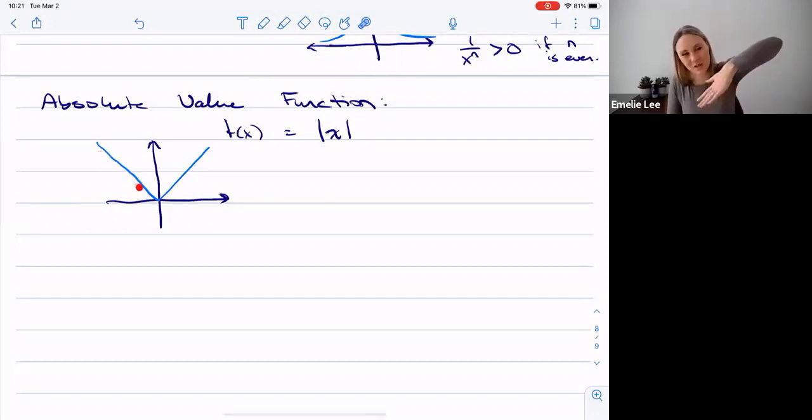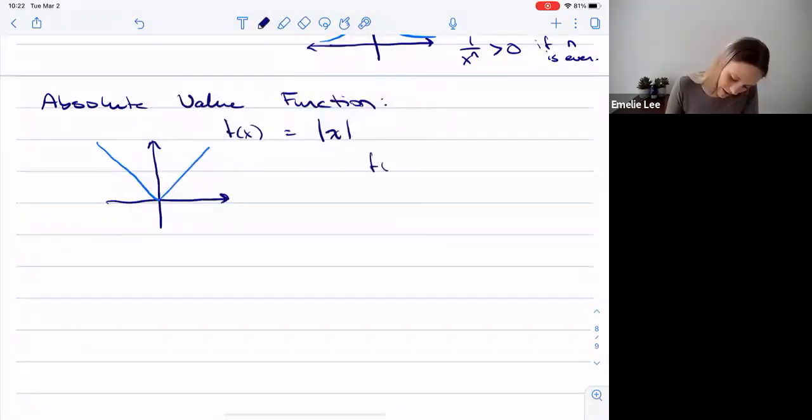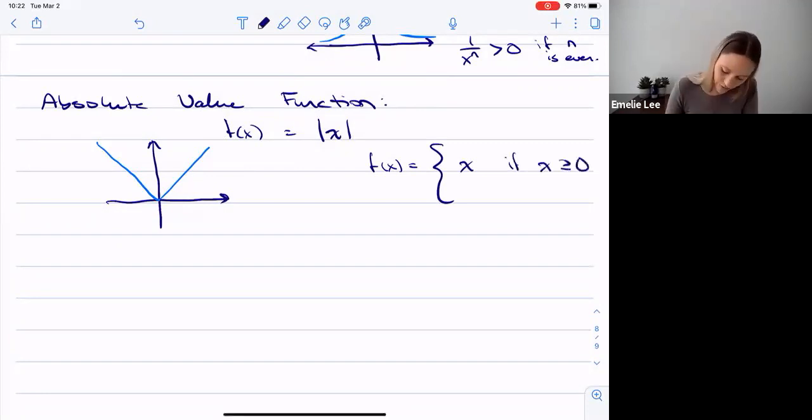Which is a straight line with a slope of -1 with a y-intercept of 0, right? So here, let's remember that f of x is a piecewise defined function where it becomes x if x is greater than or equal to 0, and it actually becomes negative x if x is less than 0.